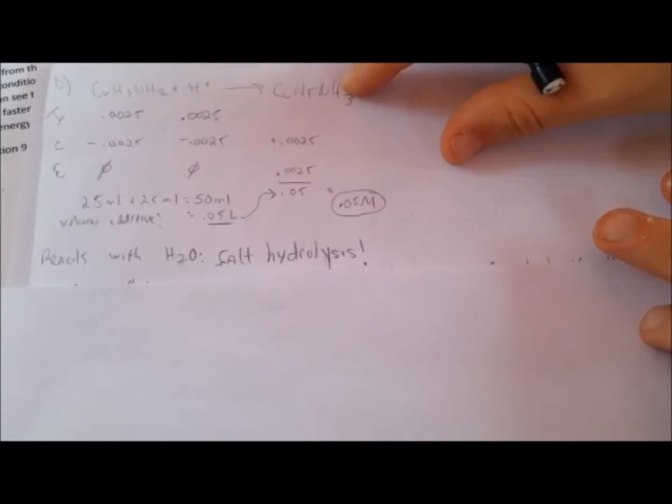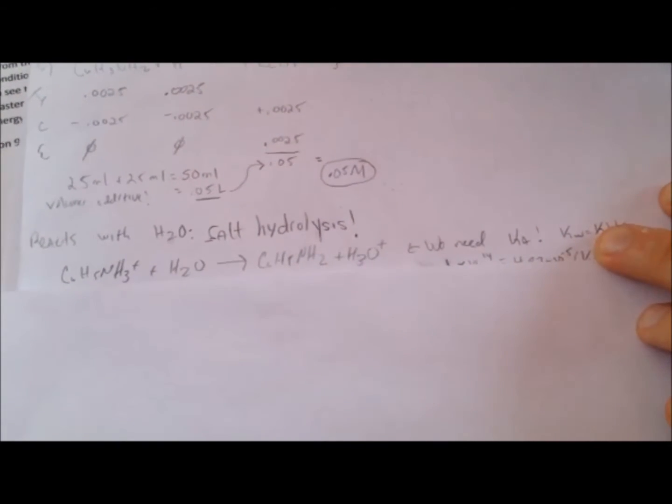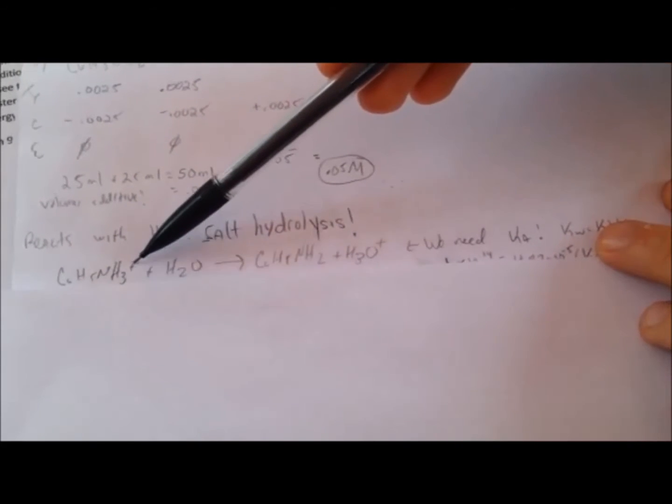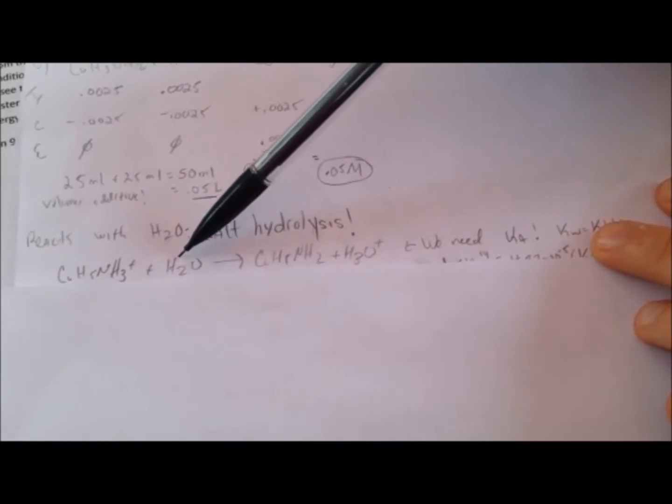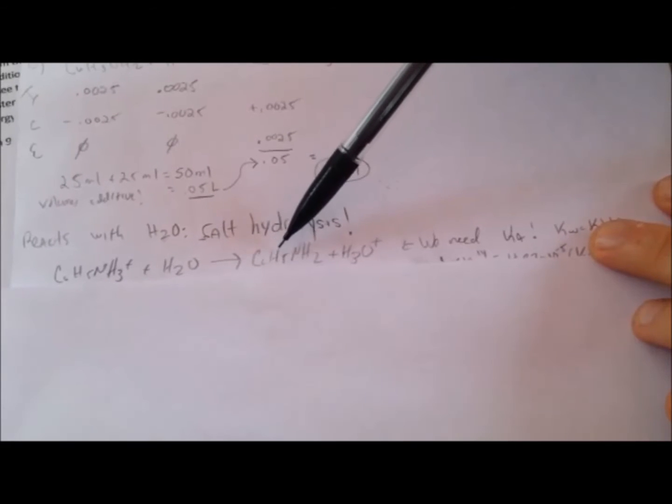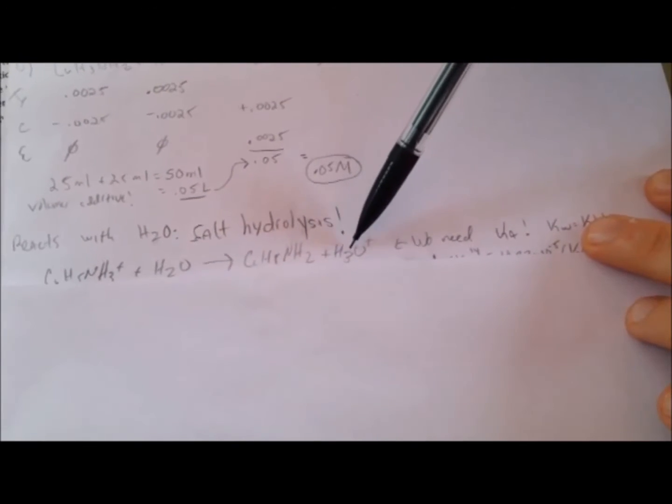And we divide by 0.05 liters because the volumes are additive, and that gives us the molarity of our product left over. Since we are at the equivalence point, salt hydrolysis takes place and reacts with water. So our product, C6H5NH3+, reacts with water to yield C6H5NH2 plus H3O+.